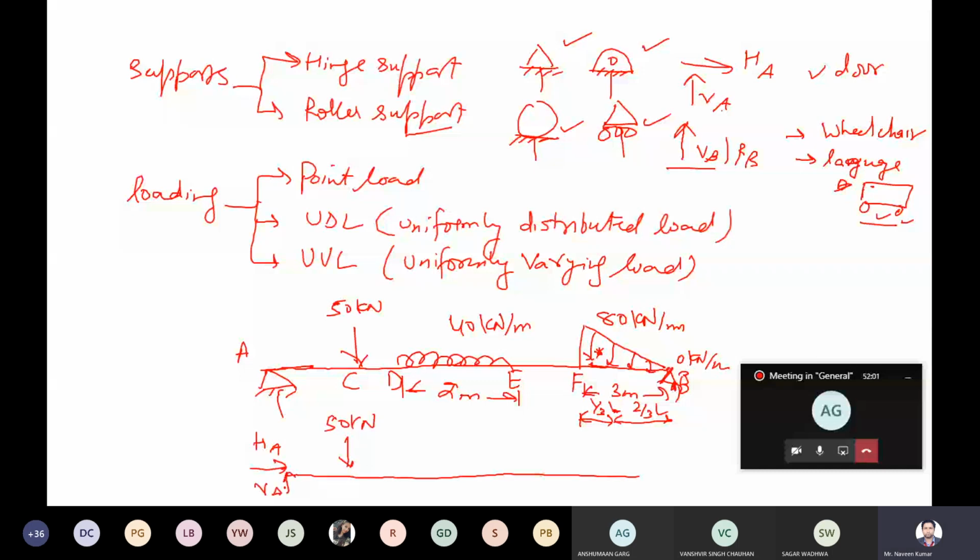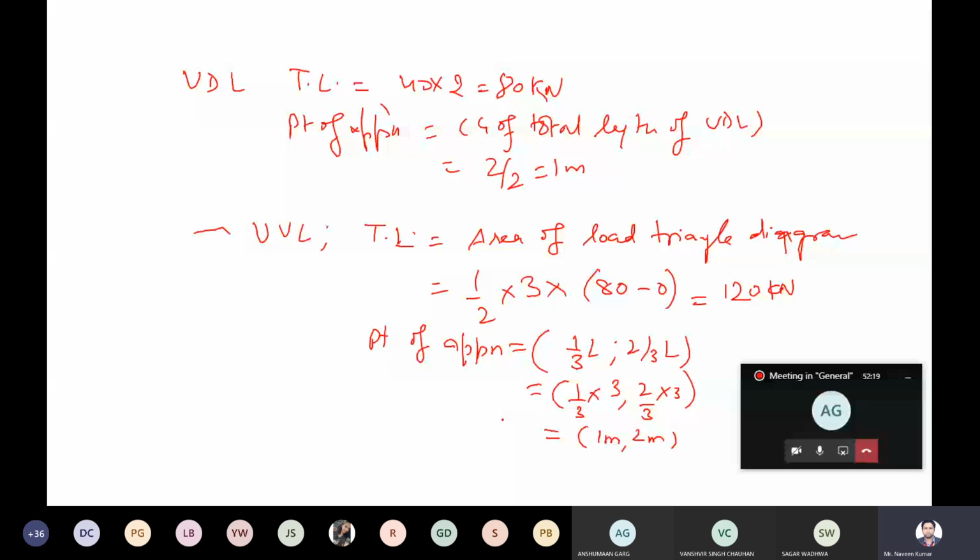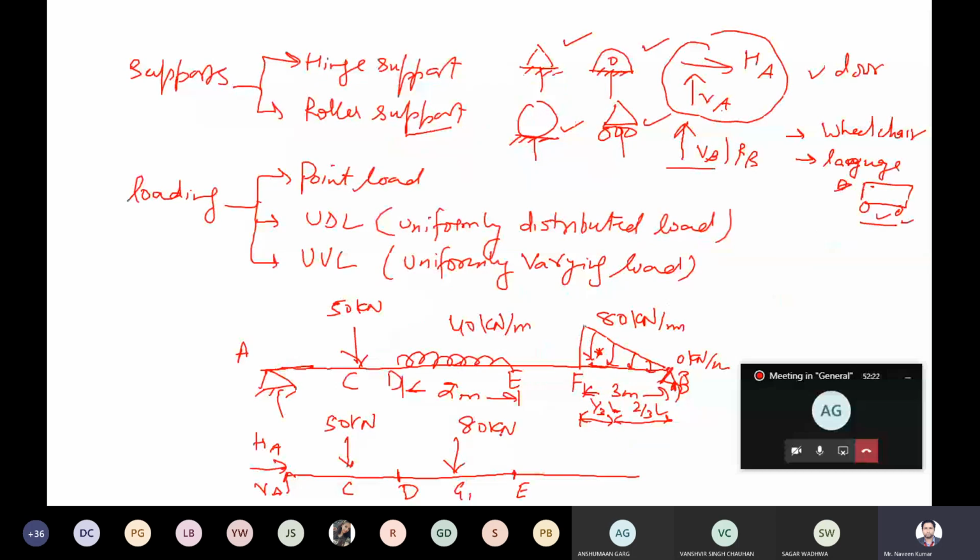We have seen for the hinge support we have two reactions, HA, VA, 50. Now this point is C, this point is D and this point is E. And see, this is the center point. Let us say this is G1. What are we getting here? 80 and distance is 1 meter. So this is 80 kilonewton and distance is 1 meter and 1 meter.